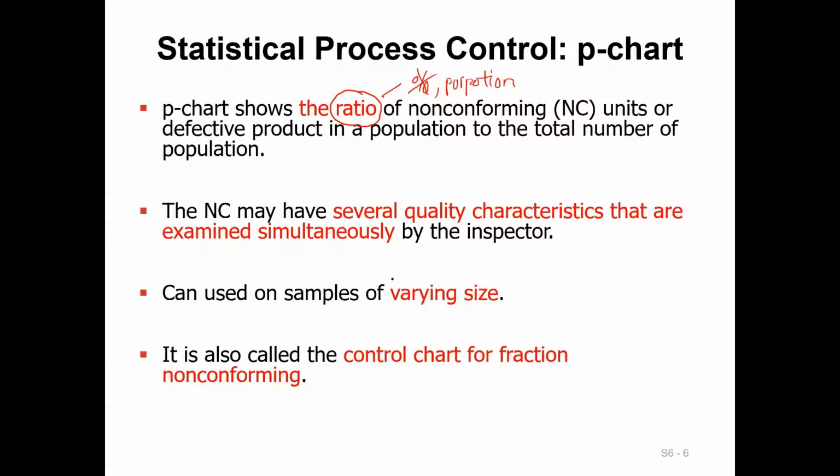And you can inspect more than one quality characteristic when you do the inspections. For example, with mineral water, you can inspect whether the bottle is empty or not, and you can also inspect, for example, the label position. You can inspect two quality characteristics at the same time. If either one of them doesn't comply with the specification, then you reject the item. This is what the second sentence means.